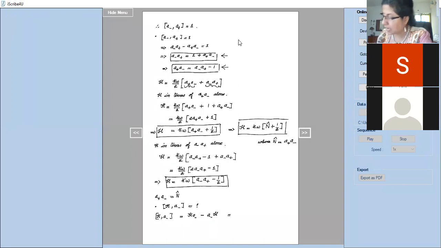Now let us write down the form of our Hamiltonian itself. We can take either form that we feel like. I seem to have picked up this form here, so I will write the Hamiltonian like that.